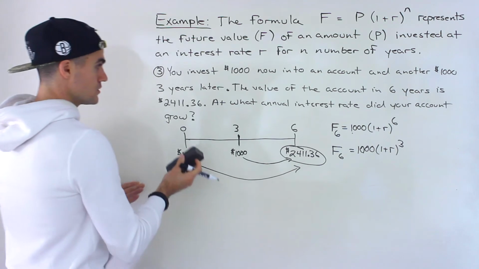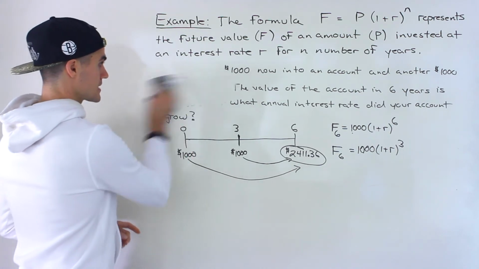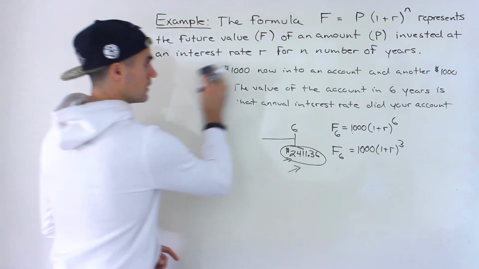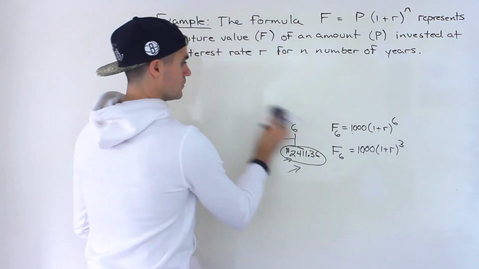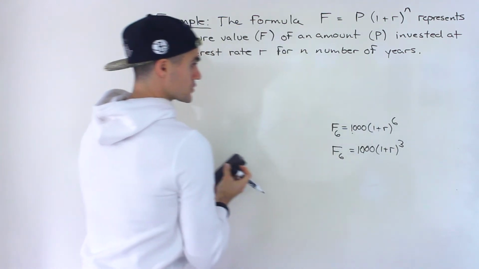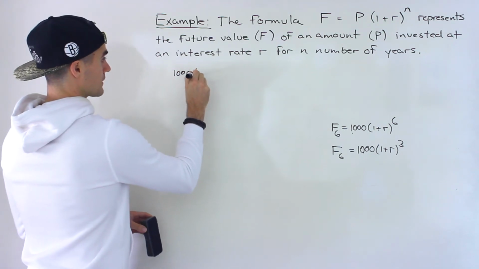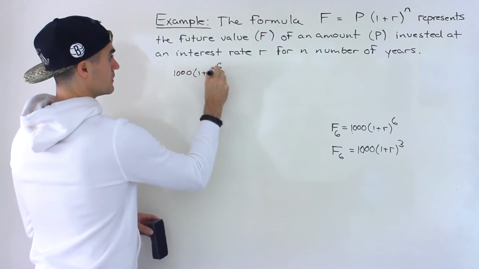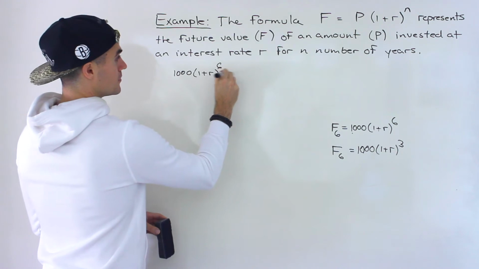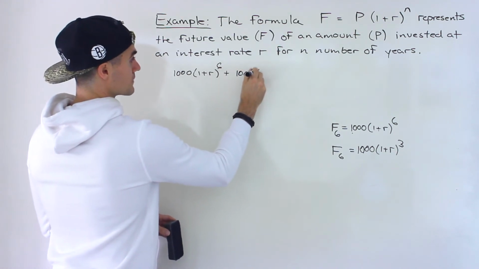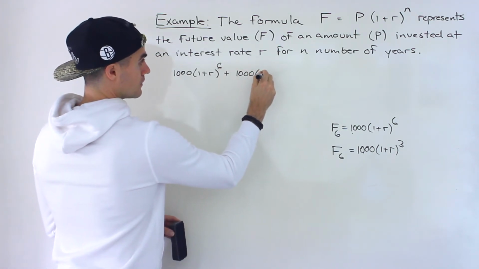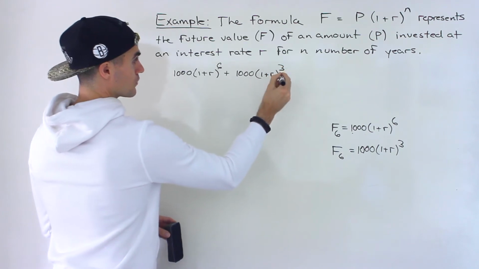To set up the equation, we take both of these expressions: the future value of the first 1,000 invested today, plus the future value of the 1,000 invested in the 3rd year for 3 years.